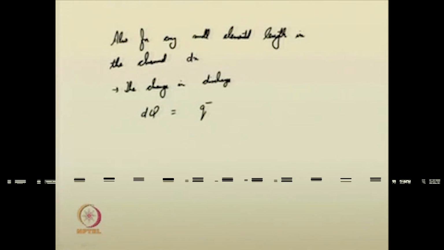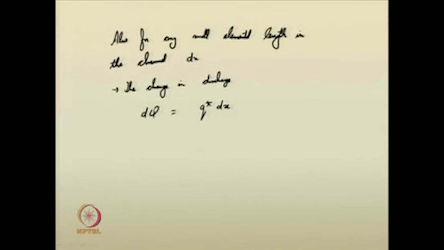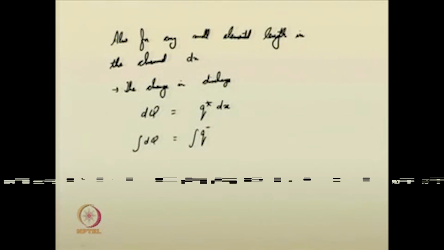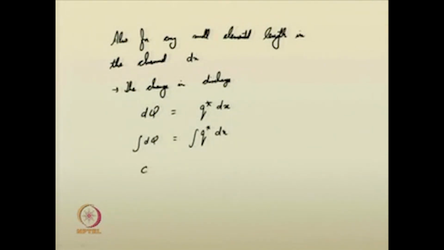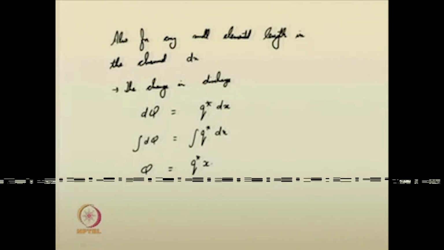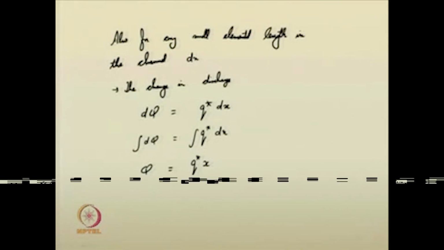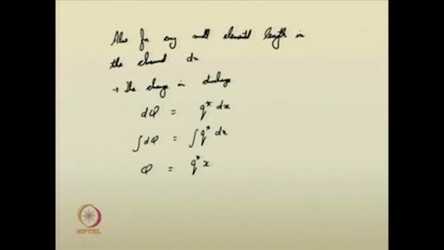This is nothing but equal to q star into dx. So, this quantity can be easily integrated: you will find that discharge at any section along the channel, Q, is nothing but equal to q star into x, because q star is independent of length x. So, you can take it out and the integral of dx will give you x.